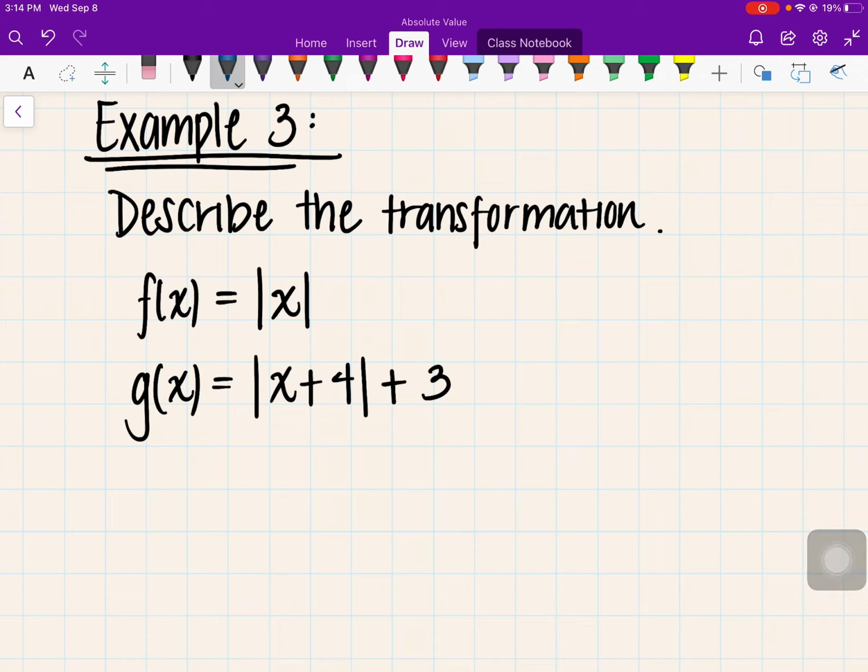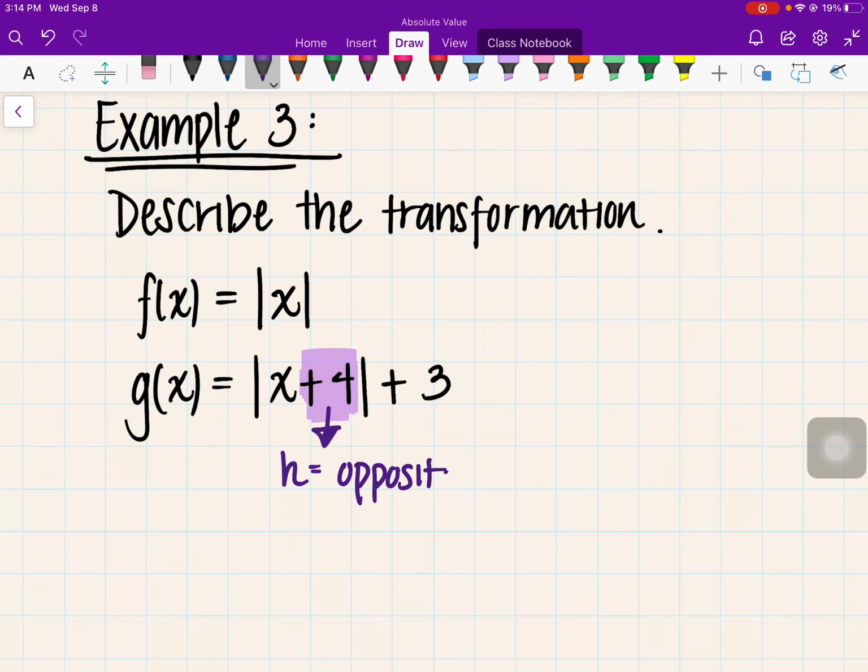One way is to take a look at the equation here. And like the previous example, h actually represents the opposite in an equation. So when you find your h value, it's actually the opposite of the given value.